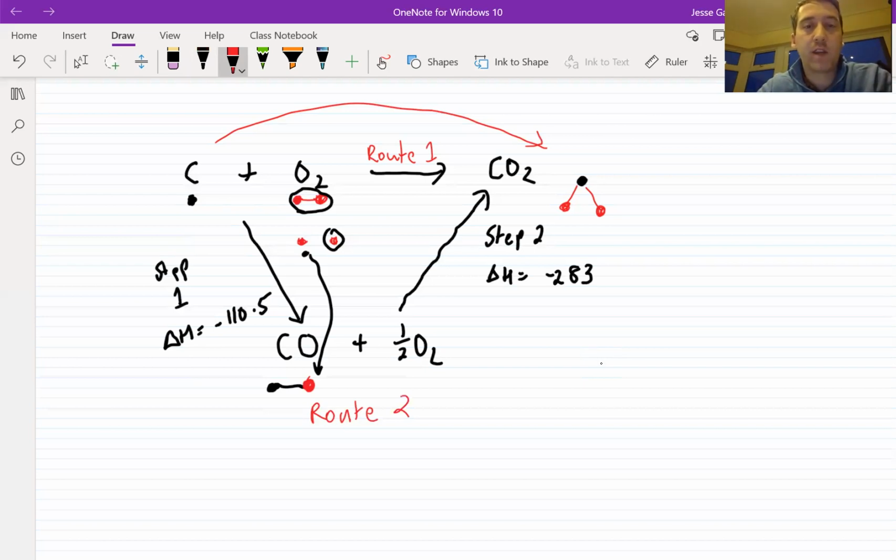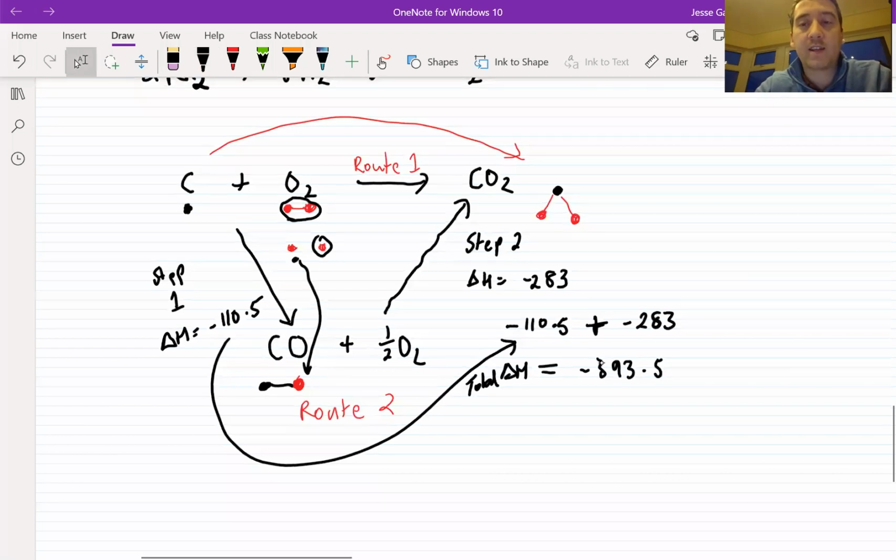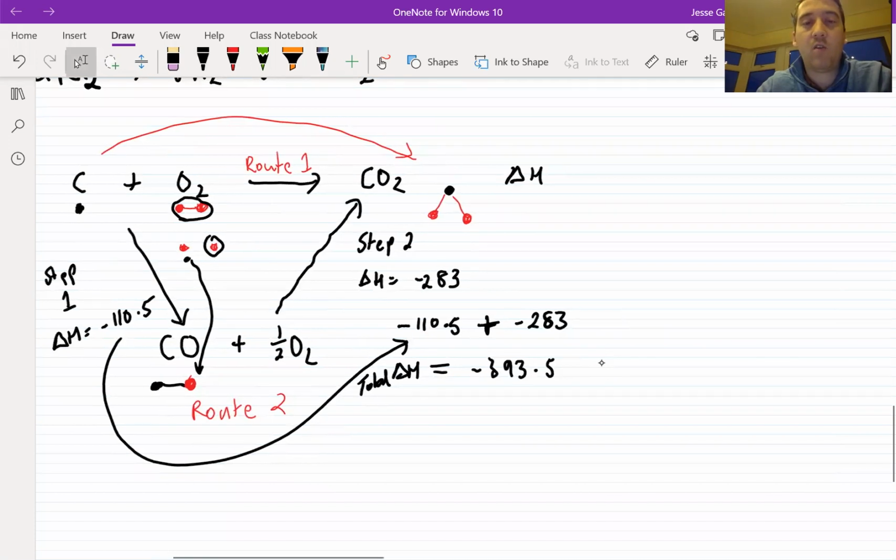Now, it so happens that if we take route 2 and we add up the energy changes from the 2 steps, we would get minus 110.5. So we're taking this one here, bringing it over here. And if we add it to the energy from step 2, minus 283, we get a total energy change, total delta H, of minus 393.5, which, funnily enough, is the exact same as the delta H you get if you measure it in only one step.